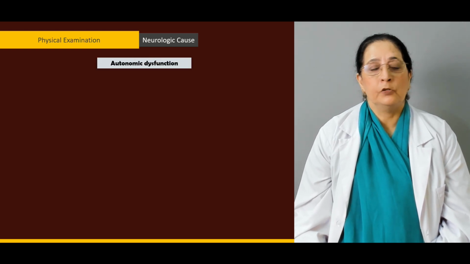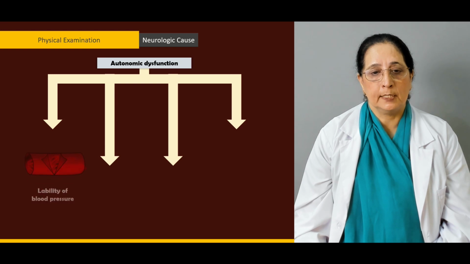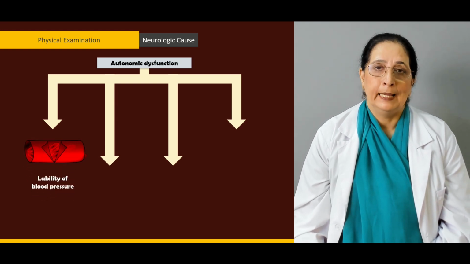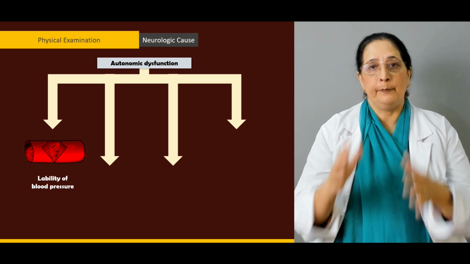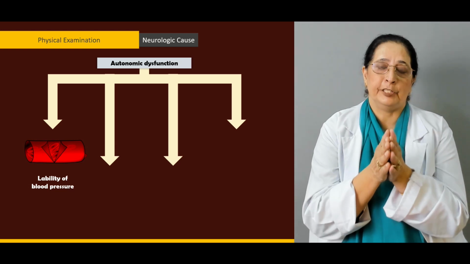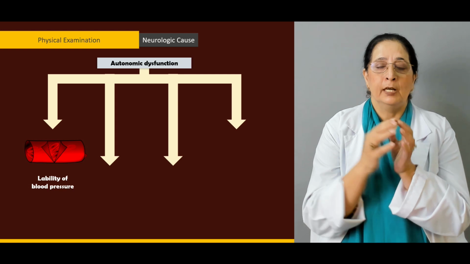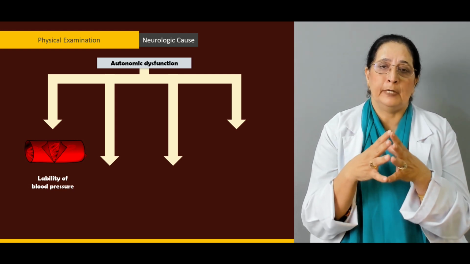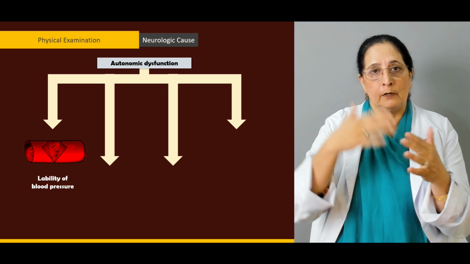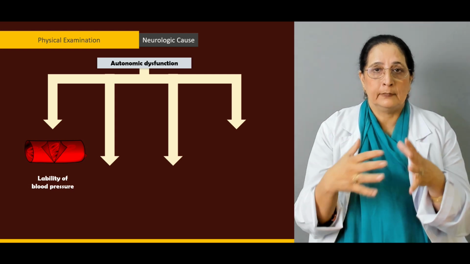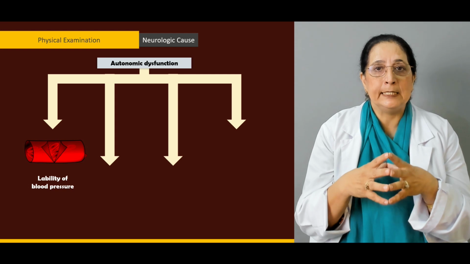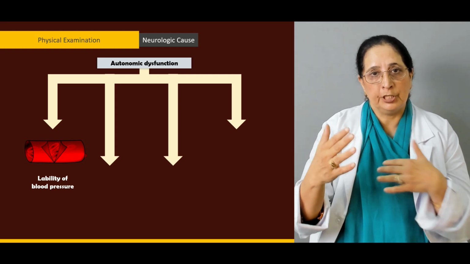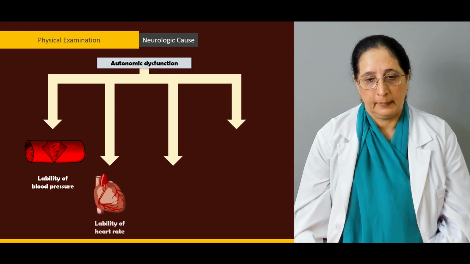Some other autonomic dysfunction causes, we have lability of blood pressure. What's labile blood pressure? When there is a rapid fluctuation of the blood pressure, it becomes high or low. So that's the lability of blood pressure, with sudden changes in the blood pressure.